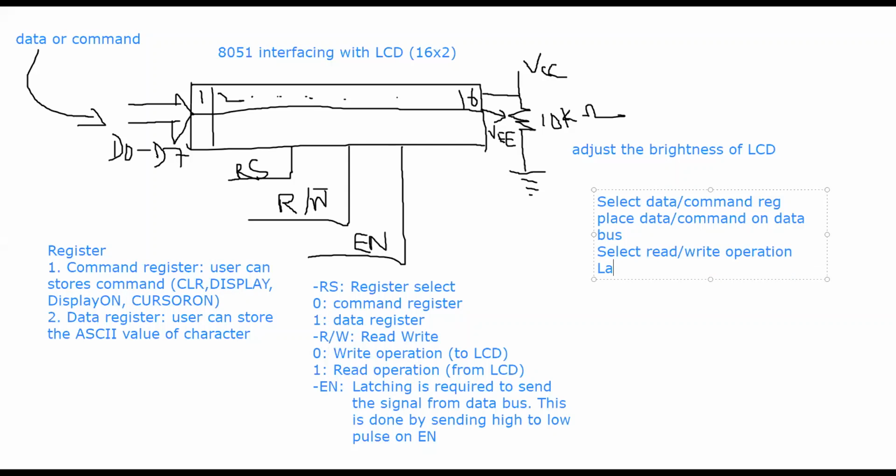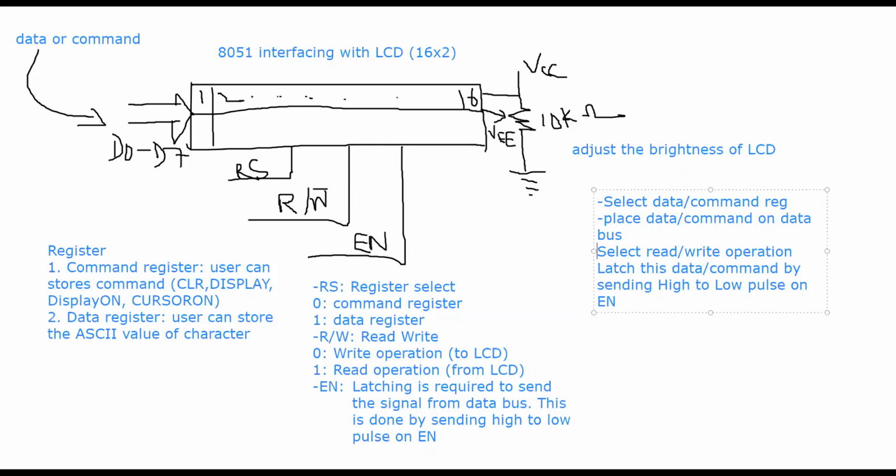Fourth one is latch this data or command by sending a high to low pulse on enable. So these are your 4 step by step sequence procedures when you process the LCD.